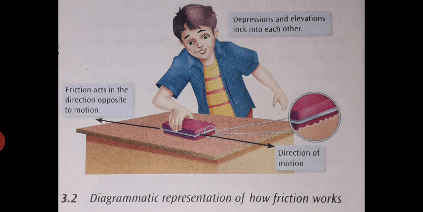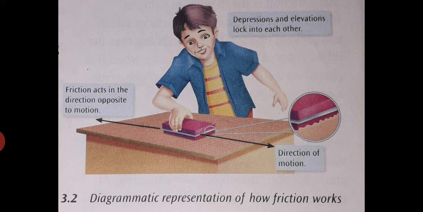Another theory is that when two surfaces come in contact, their atoms and molecules pull at each other due to electrostatic forces. So, when we try to slide one surface over other, these offer a resistance to motion.